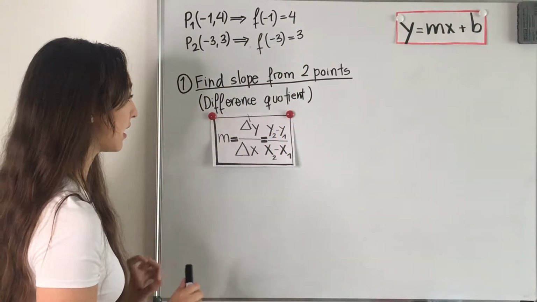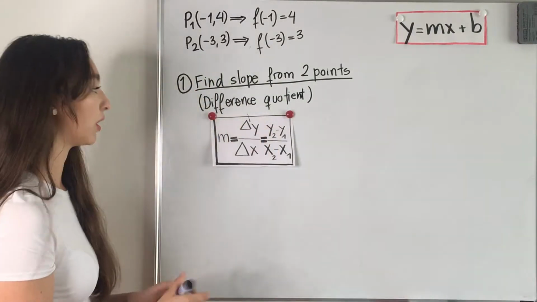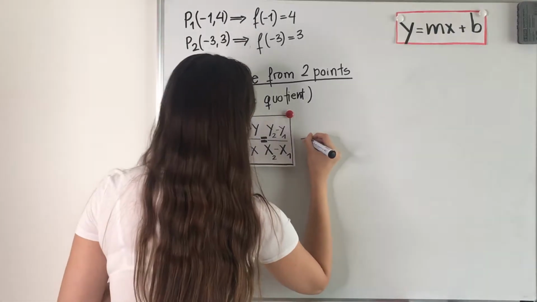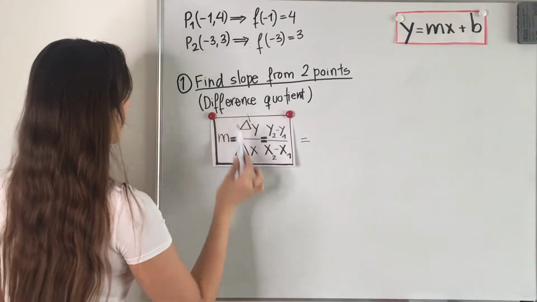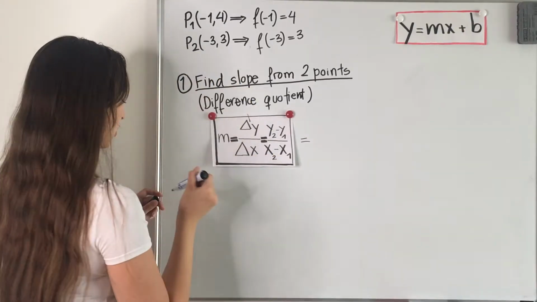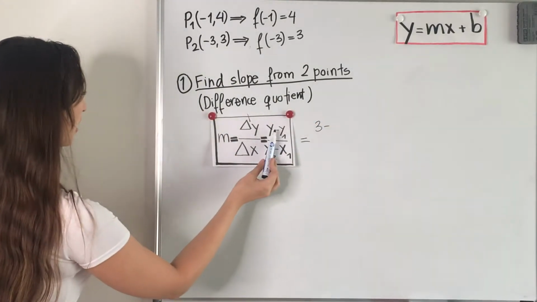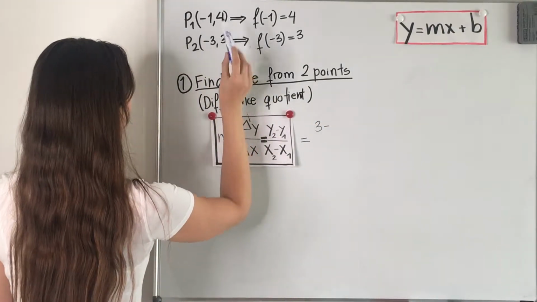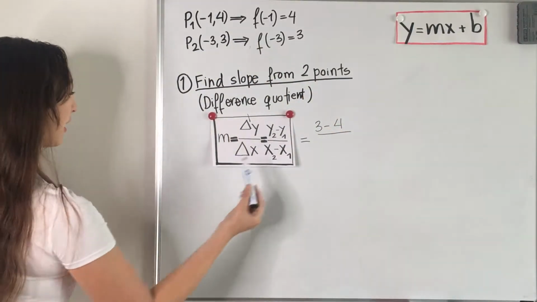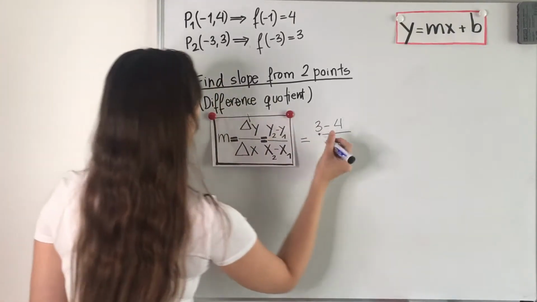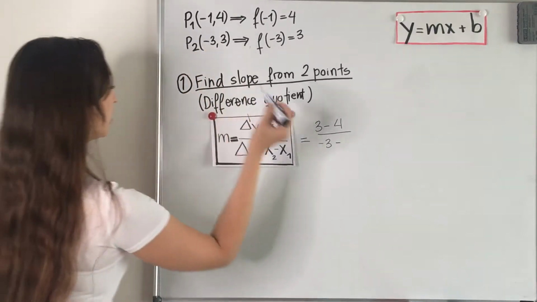So, as I said, first let's calculate the slope between the 2 given points, and here we're just going to substitute. y2 is the y coordinate for point number 2, which is 3, minus the y coordinate of point number 1, which is 4, divided by the x coordinate of point 2, minus 3, minus the x coordinate of point 1.